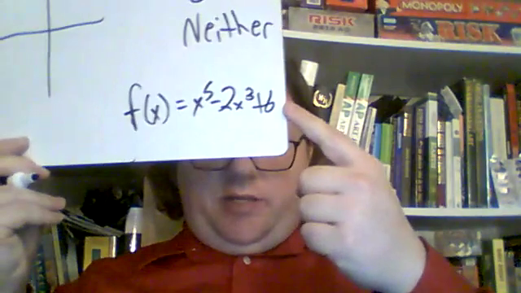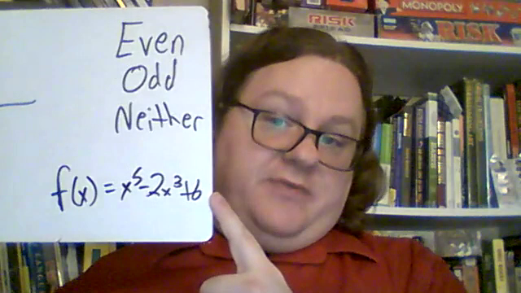So there's a way to solve this algebraically, where they give you just the numbers, like for instance, this example is f of x equals x to the 5th minus 2x cubed plus 6. They tell you to determine whether it's even, odd, or neither.